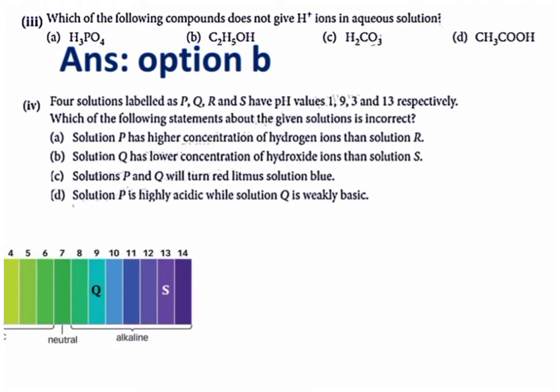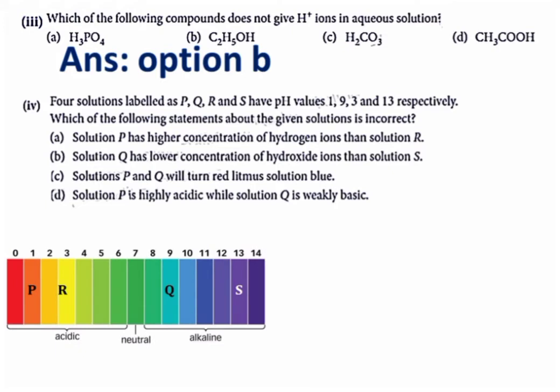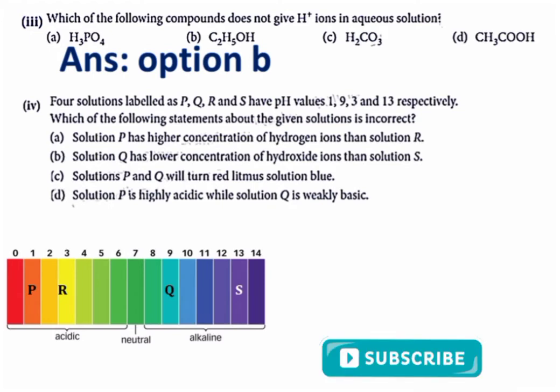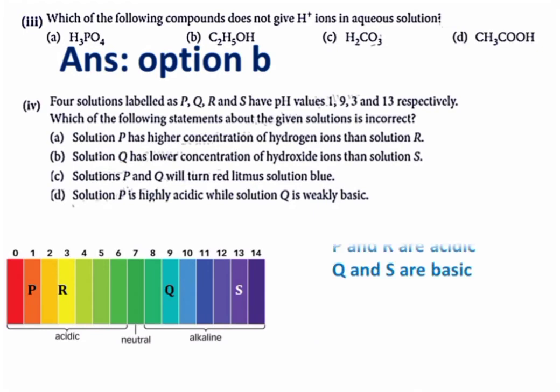First statement is solution P has higher concentration of hydrogen ions than solution R. From the pH values given in the question, that is P has pH value 1, Q pH value 9, R pH value 3 and S 13, we can understand that P and R are acidic, and Q and S are basic. So first option, P has higher concentration. It's true because we know that when the pH value is very less, the hydrogen ion concentration is more.